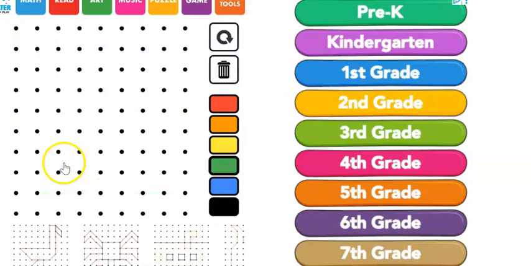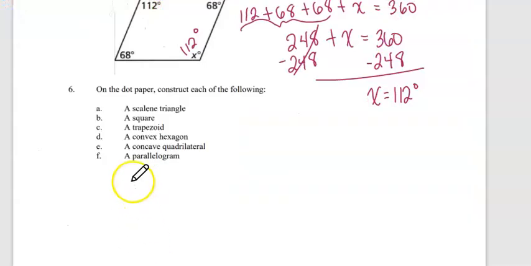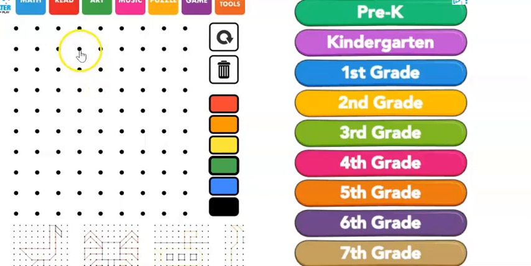Okay, on D of your notes, we are going to do a convex hexagon. So remember, a hexagon by definition is a 6-sided polygon. And then convex, if you need to go back and look up the definition, it's a simple closed curve in which a segment connecting 2 points is wholly contained in the interior. And so let's see what we can do here.